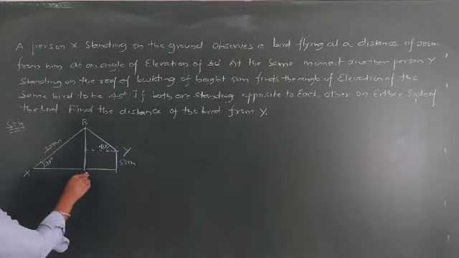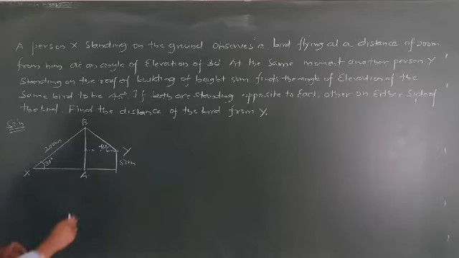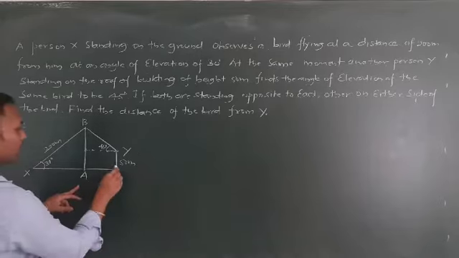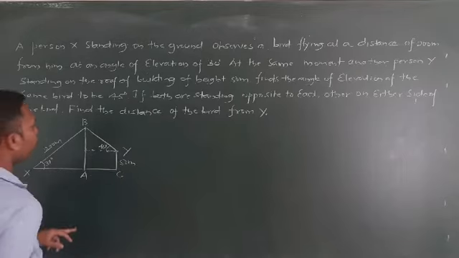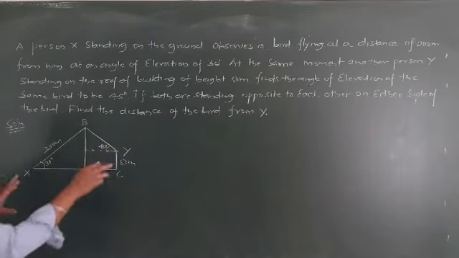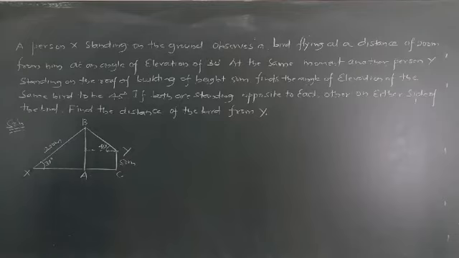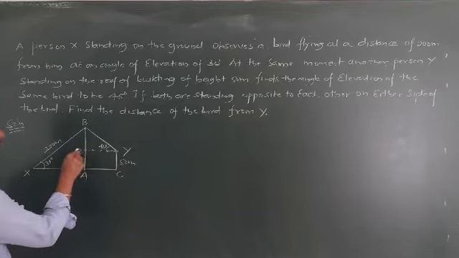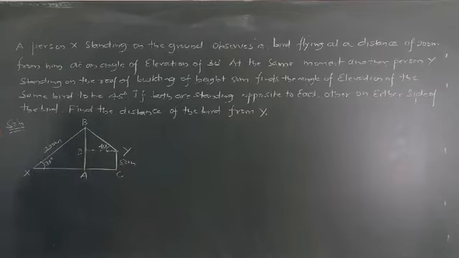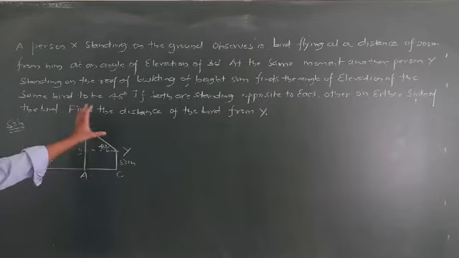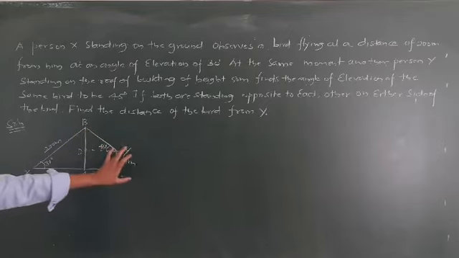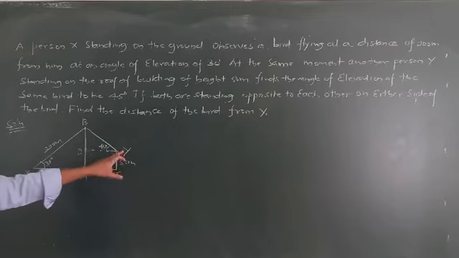Let me take this point as A, and this point as C. These points are enough for us. If these points are there, then what we need to do is find the distance of the bird from Y.